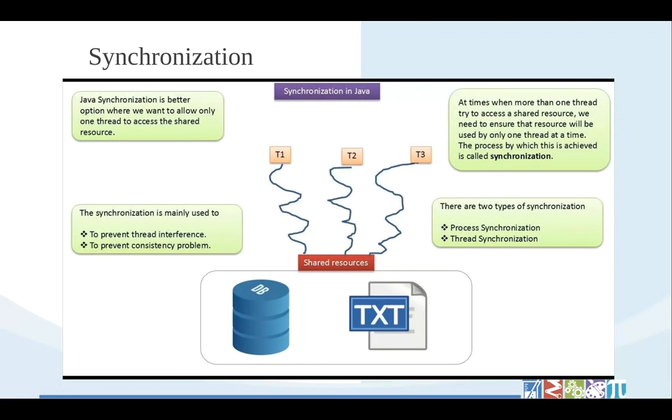We cannot control the threads. Threads run when they get the priority, they start running. So we can't control a thread, but for controlling, we can use a synchronized method. So why do we use synchronization? Because to prevent thread interference and to prevent consistency problems.